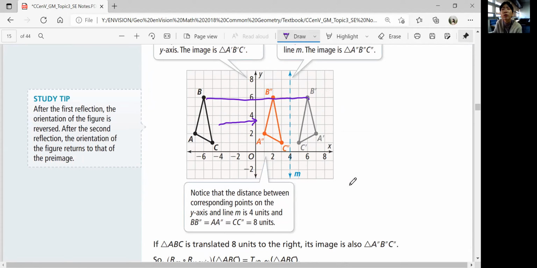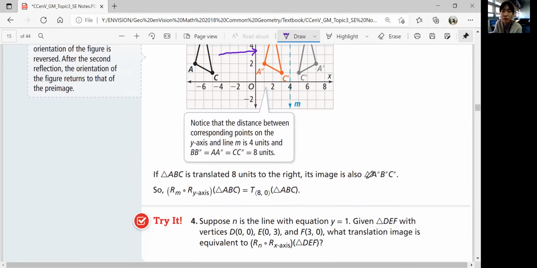So if you have more than one transformation, you can summarize your transformation using another form of transformation. Okay, so you can write this as reflection across the y-axis.